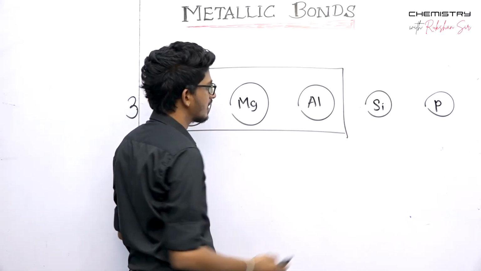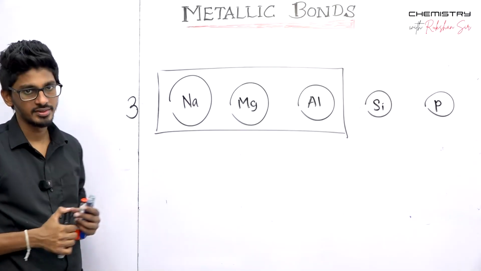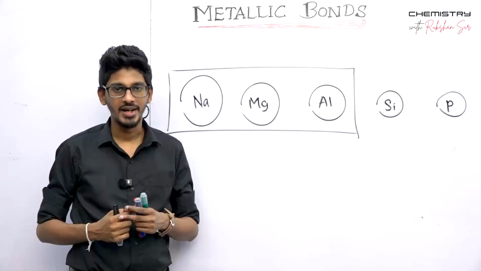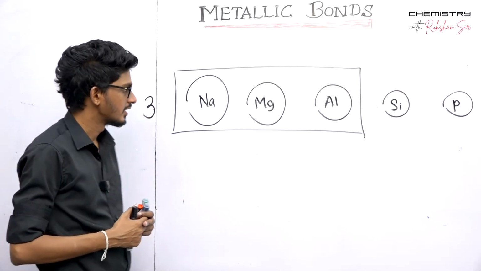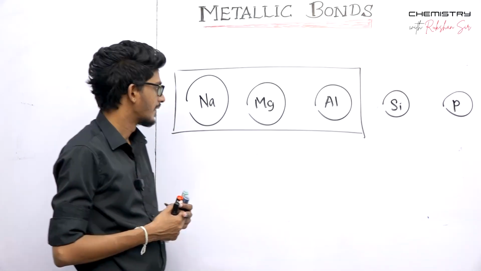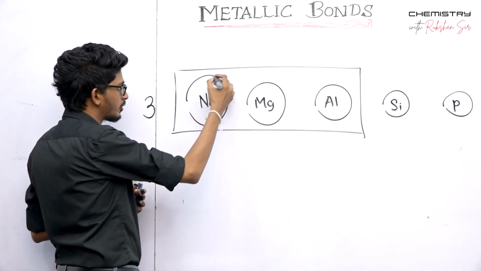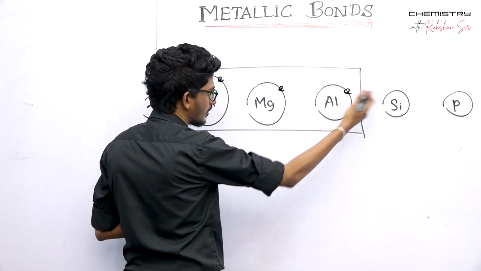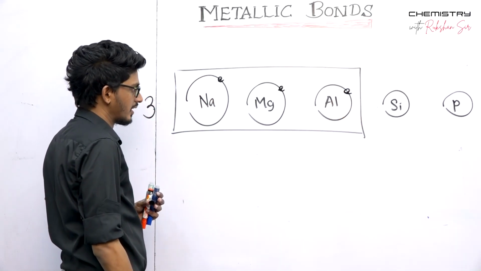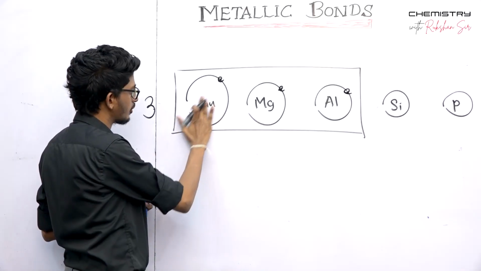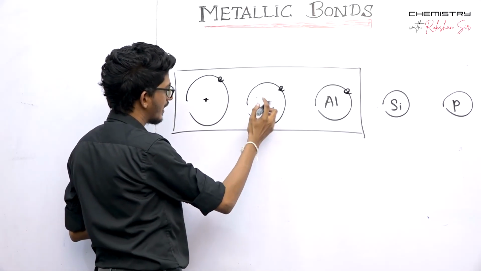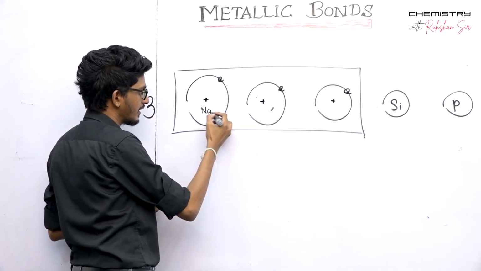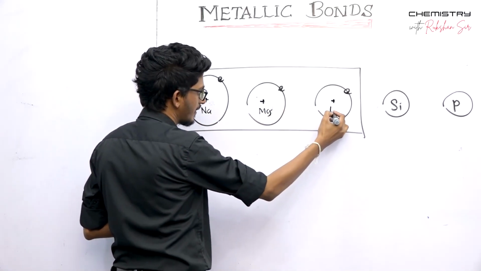So when considering a period of elements, metals have the largest atomic radii, so their outer electrons are a bit farther away from the nucleus compared to the other atoms.